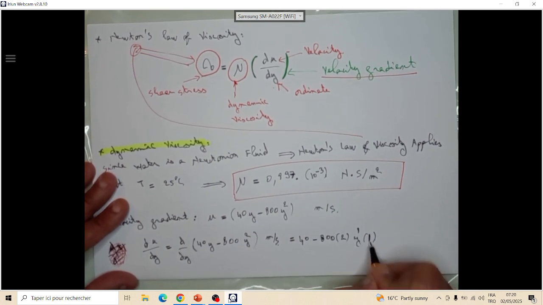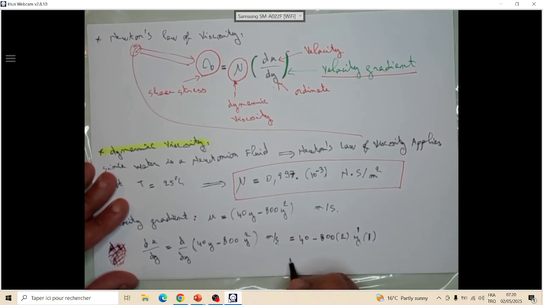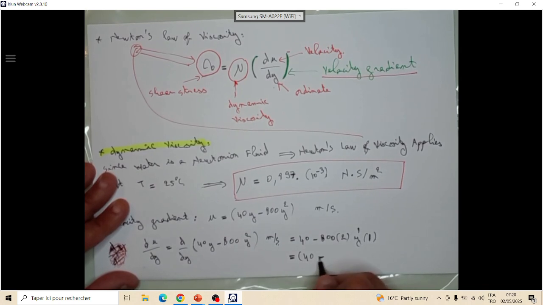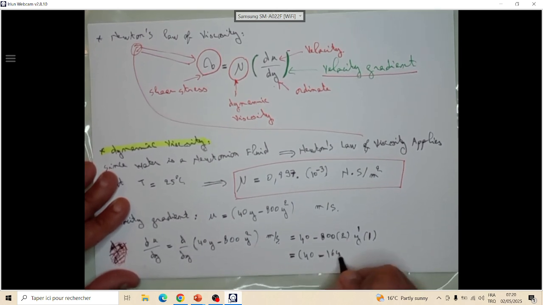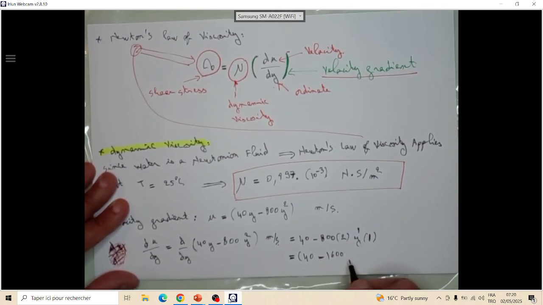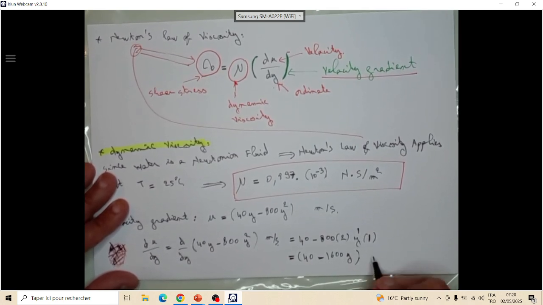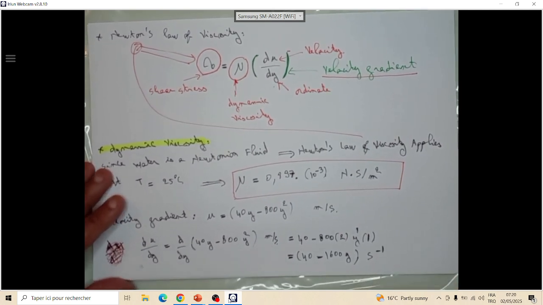If I simplify it, it will give me 40 minus 2 times 800, which is 1600 y, and the unit here will be second minus 1.